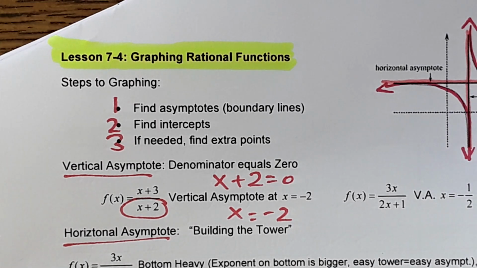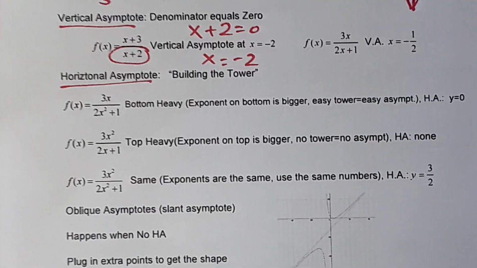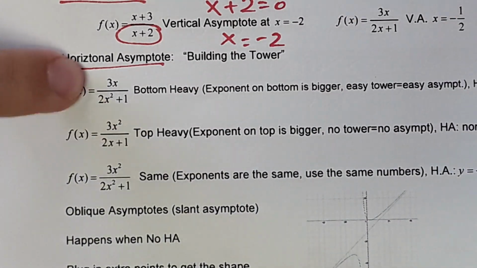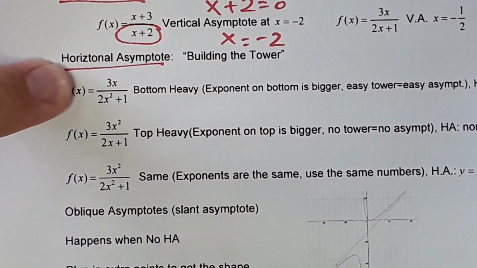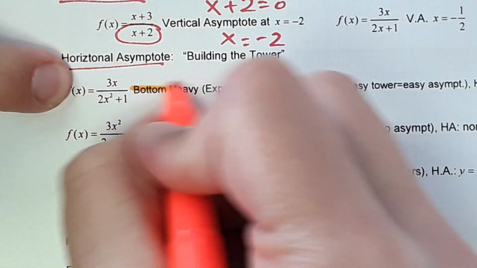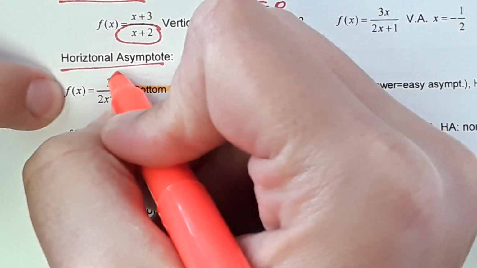And then for the horizontal asymptote, this is where it gets a little bit more complicated, but I promise by the second or third example, it won't feel so bad. When we decide what the horizontal asymptote is, we are looking at whether this is bottom heavy, top heavy, or same. What that means is we look at the x's right here.